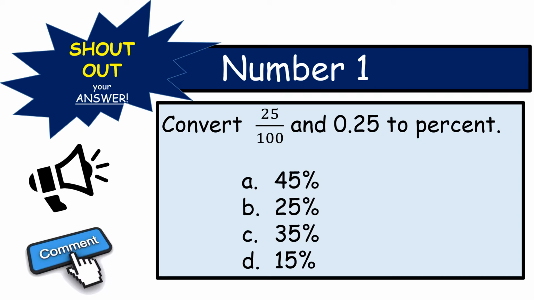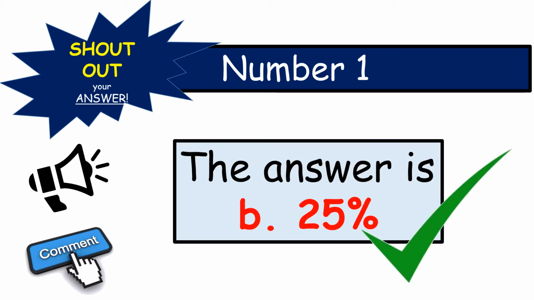Convert 25 hundredths and 0.25 to percent. A. 45%. B. 25%. C. 35%. D. 15%. If your answer is letter B, 25%, you are correct.